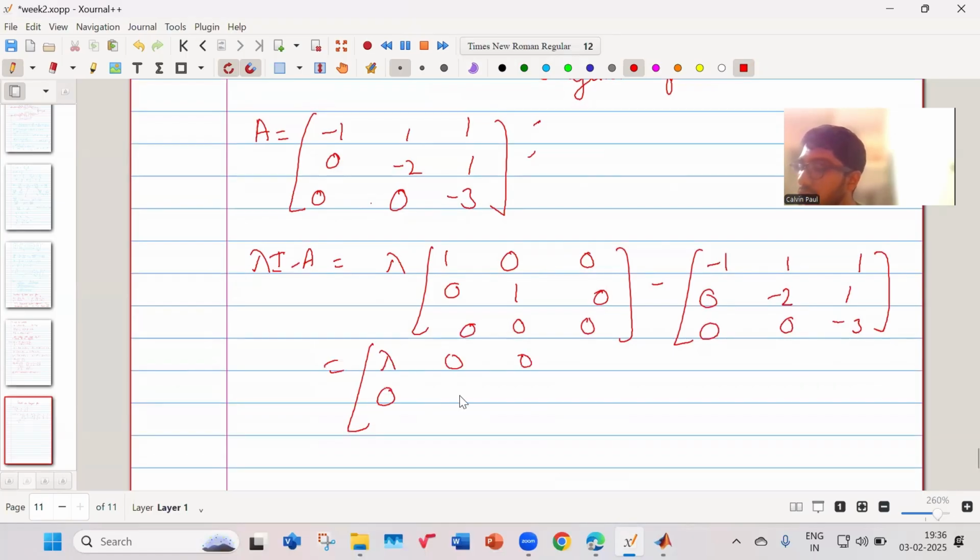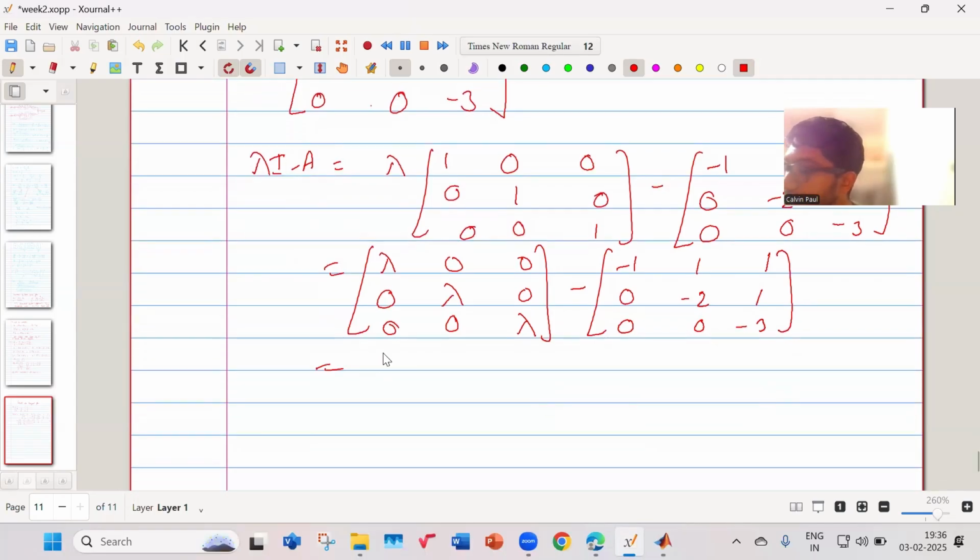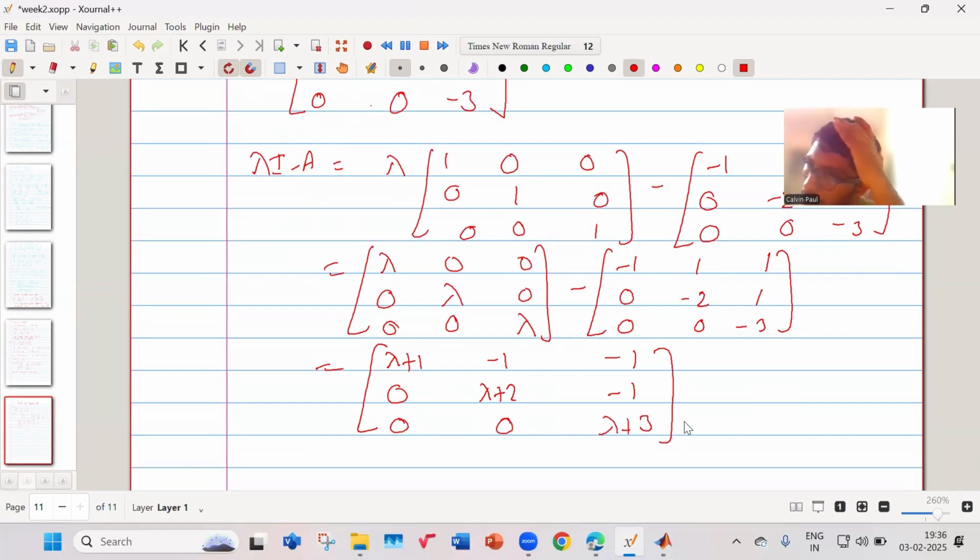So this is equal to lambda plus 1, minus 1, minus 1, 0, lambda plus 2, minus 1, 0, 0, lambda plus 3. Okay, so this is the matrix.